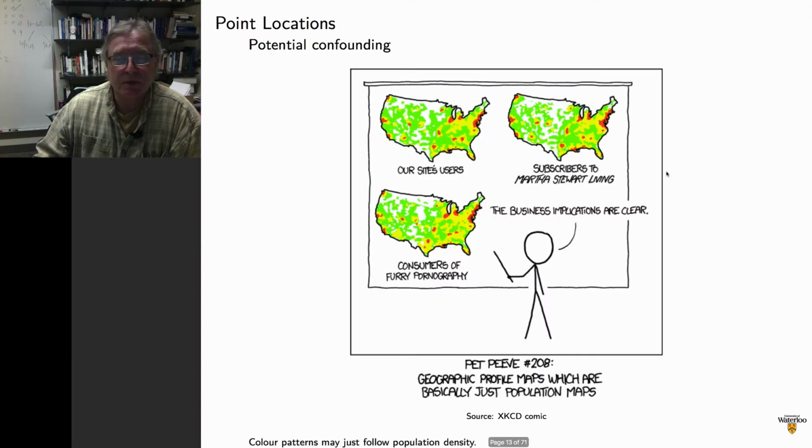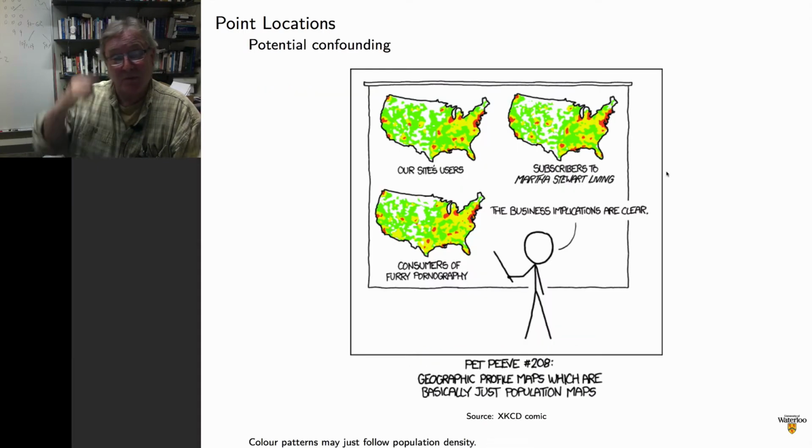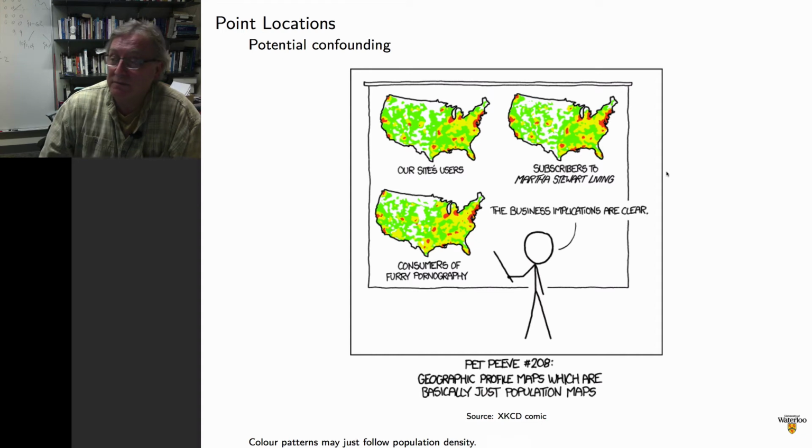Now, one of the problems, of course, with point locations is that when we're just putting the points up and we're looking at, you know, the third variate here, say our sites users and subscribers to Martha Stewart Living, etc. It may, in fact, be just like in any statistical analysis, that there's another variant that's confounding this.